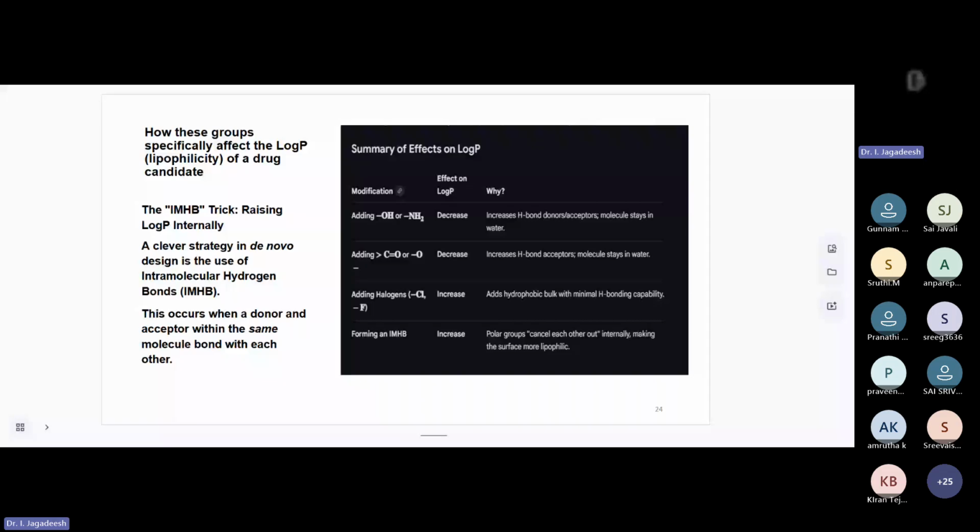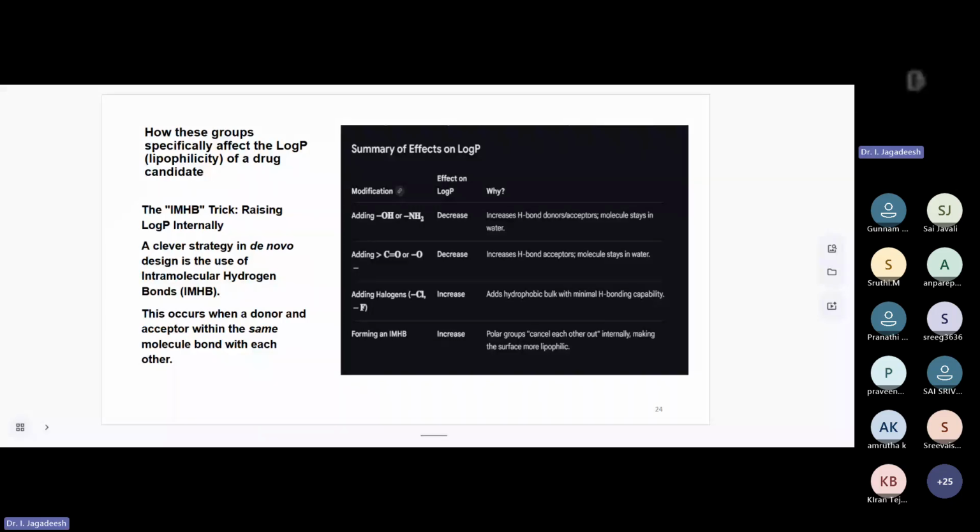Say you add OH or NH2 to a particular group: it decreases the log P value. How? Because it increases the hydrogen bond donors and acceptors, so the molecule stays in the water. That is the reason it decreases the log P value.